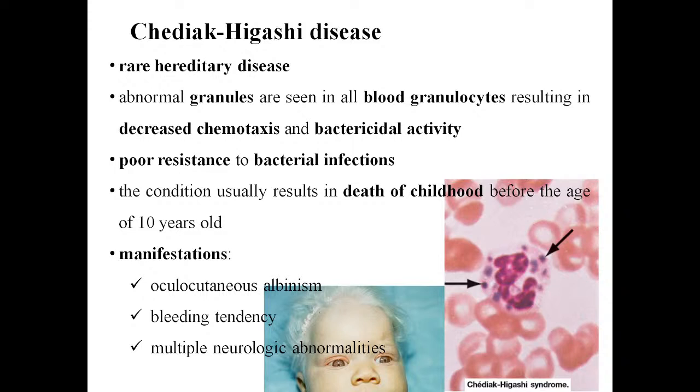Such patients with Chediak-Higashi disease have poor resistance to bacterial infections. This condition usually results in death in childhood before the age of 10 years old. Such children live no more than 10 years.